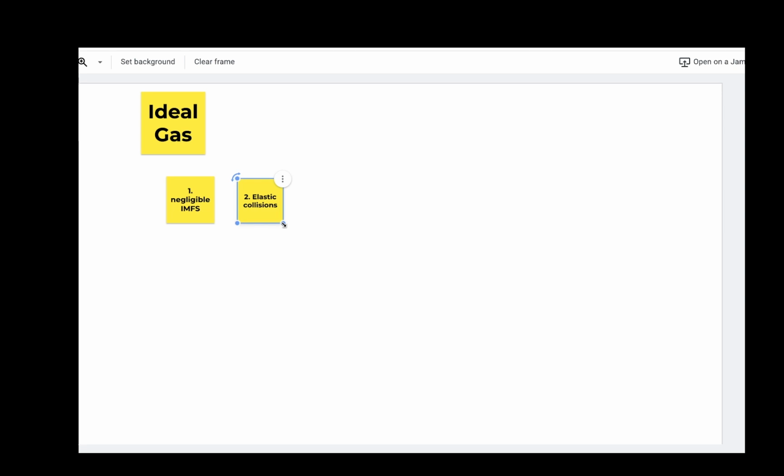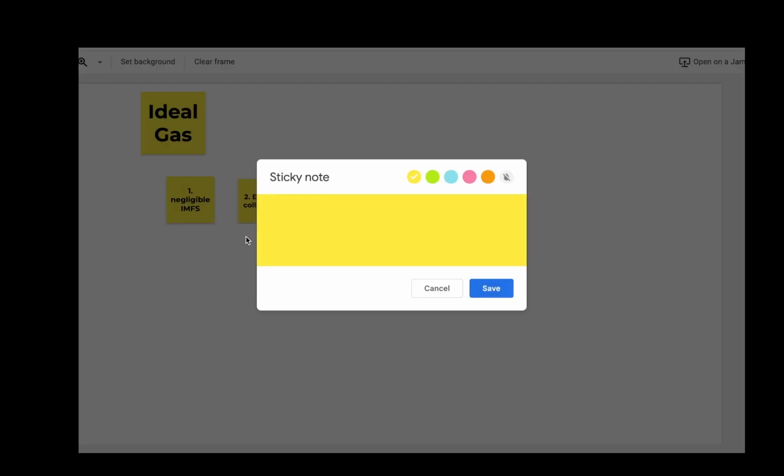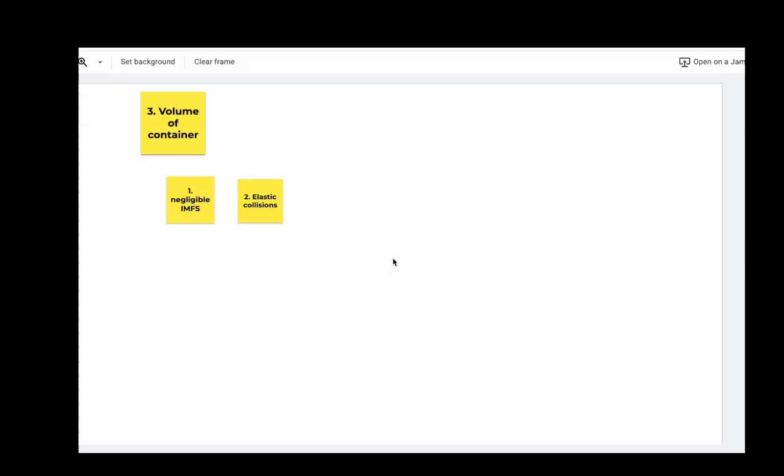We said this because it's gonna make some of the math easier. Obviously, an ideal gas takes the volume of its container. We can put that down: volume of container. And that is really it, if I remember properly, right, Sai? No, I think that's all for ideal gases.